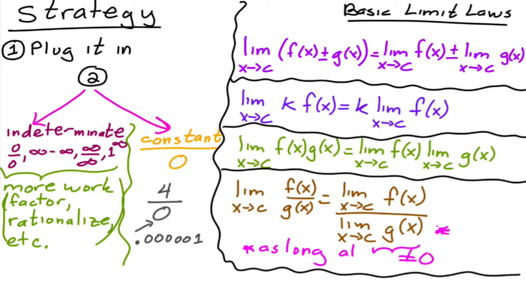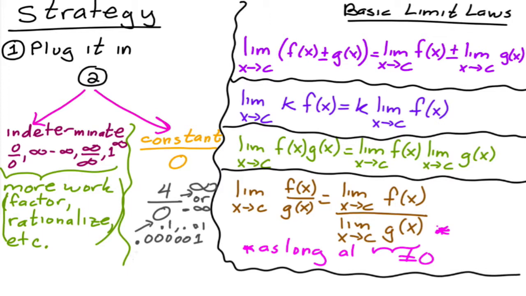If this is getting closer and closer to 0, going from 0.1 to 0.01 to 0.001, when you divide 4 by these numbers that are getting smaller and smaller, where is this going? The whole thing is blowing up. So it's going to infinity or negative infinity.